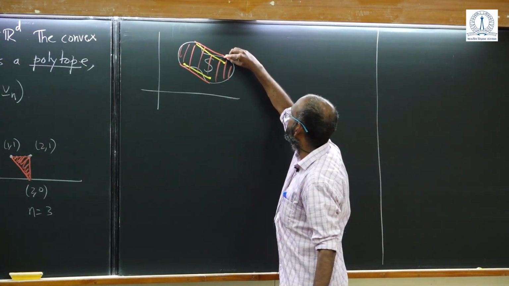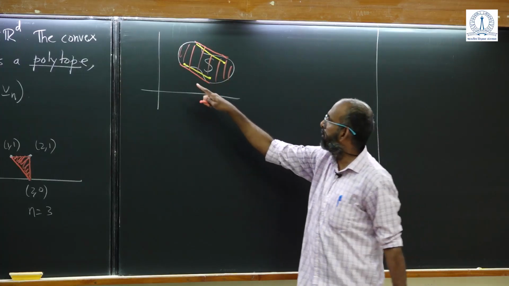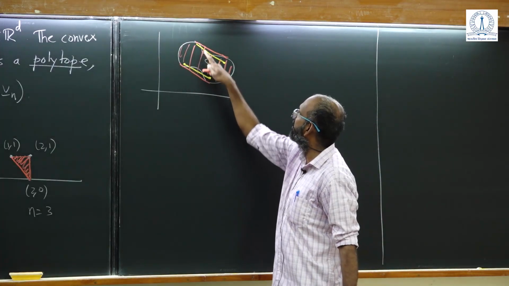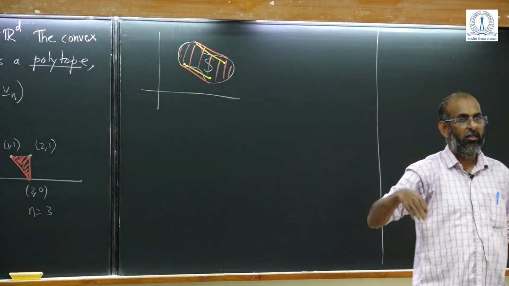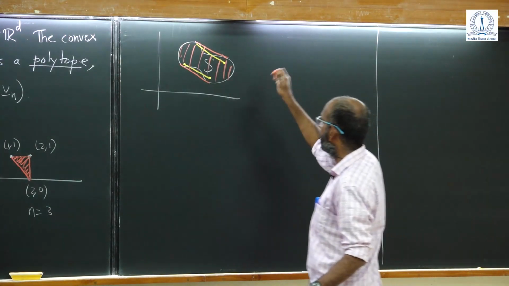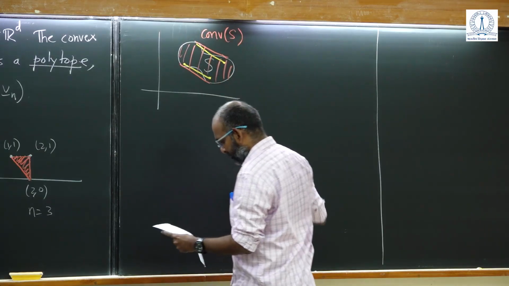Once you include things like this, all lines which were going outside are covered. The problem was only over here, in the parts with inward curvature, right? So we include all of those. So that is convex. Okay.